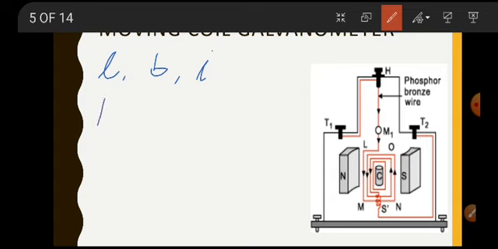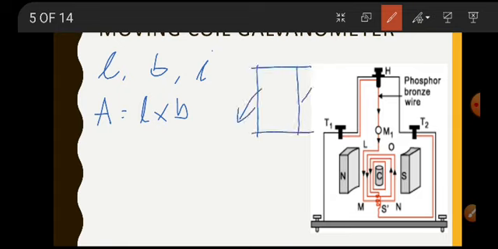So what is the area? Area of the coil is equal to L into B. Here the force is experienced by the limbs. On the PQ side, the force is acting on these two sides. So this is PQ, this one is RS.